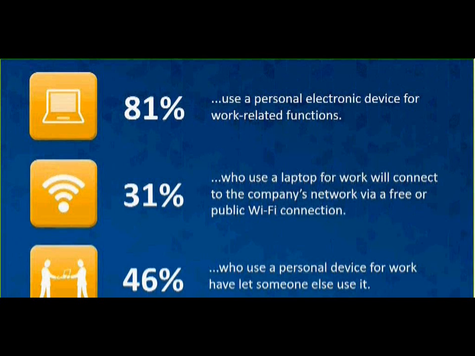And about half have shared their device with someone else. I'm sure whoever you share your device with means no harm. However, what they do on that device could be innocent mistakes, such as downloading and installing files from shady websites or accidentally opening a malware-filled link from social media pages.